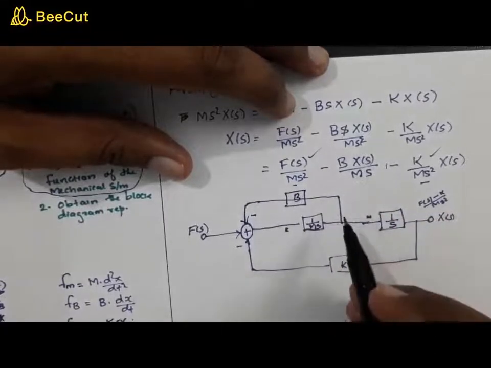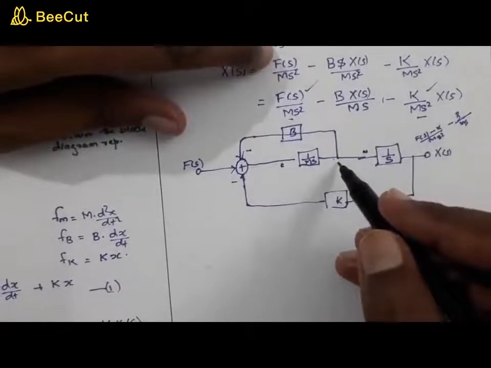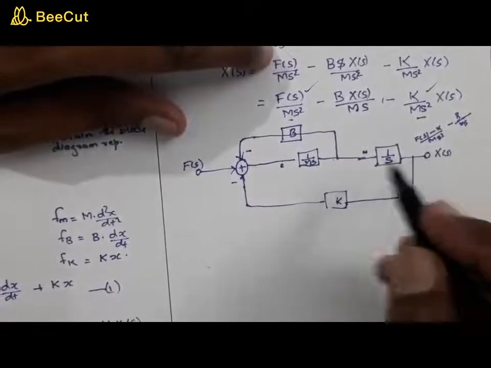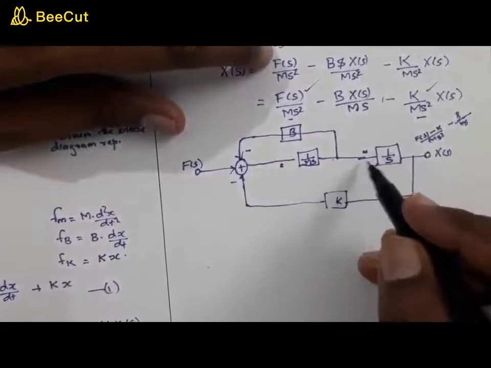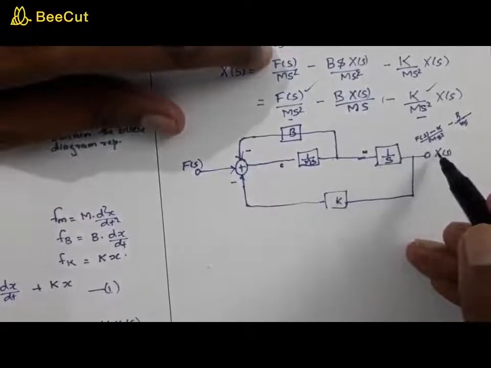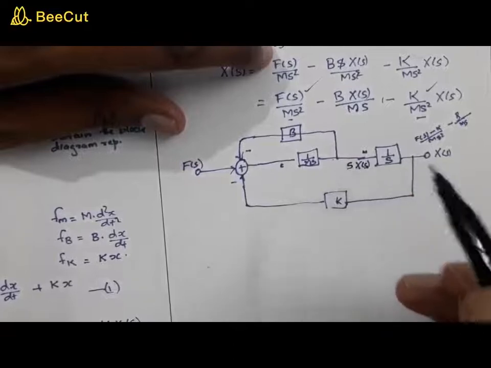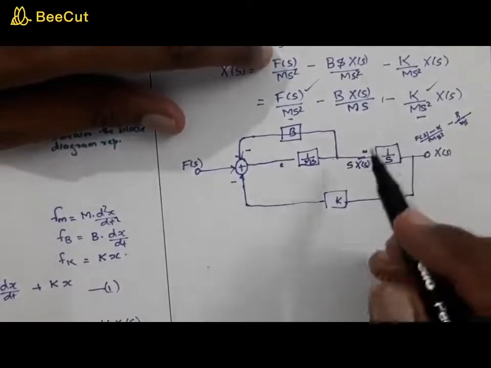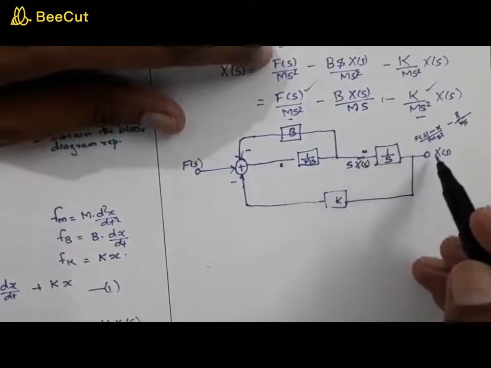Now what happens? I will explain this. What will be the signal that comes over here? If this is x of s, what will be this? The particular signal is multiplied by 1 by s, right? So then it becomes x of s. That means this is also x of s multiplied by s, right? Now what will happen when it goes through this? S into x of s divided by 1 by s gives you x of s.